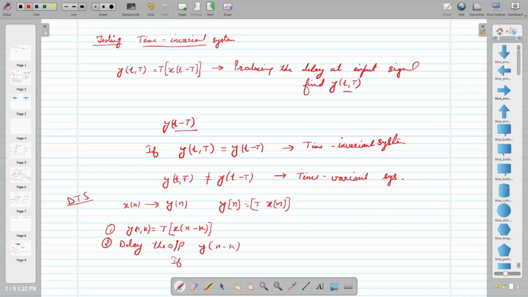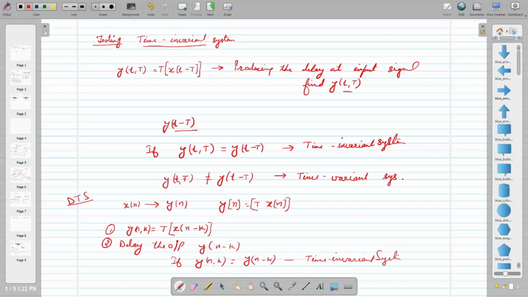Again the same condition applies: if y[n, k] is equal to y[n - k], then the system is time invariant. Otherwise, the system is time variant. So this definition applies to both continuous time systems and discrete time systems.